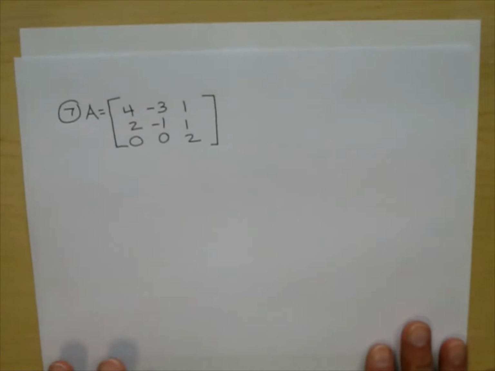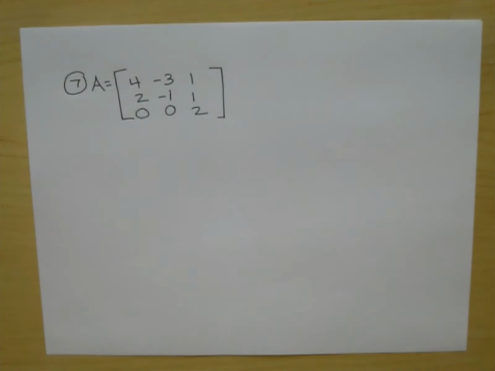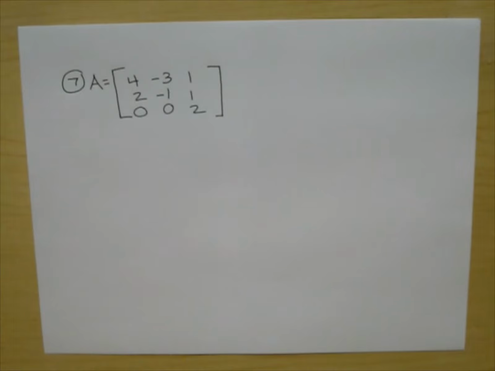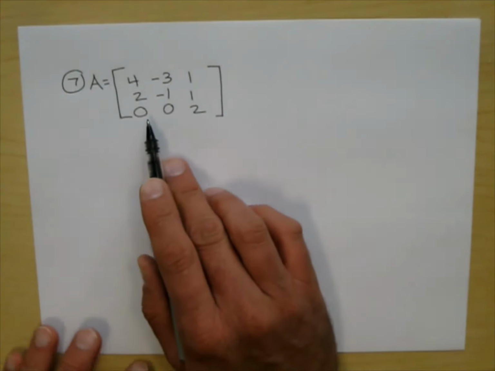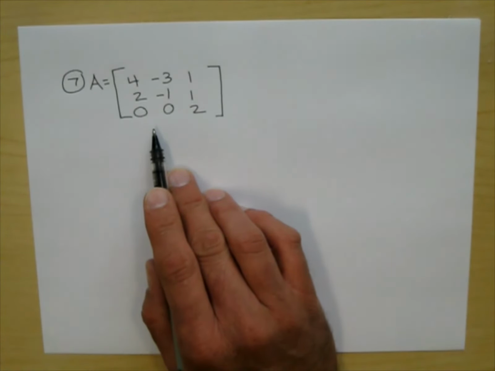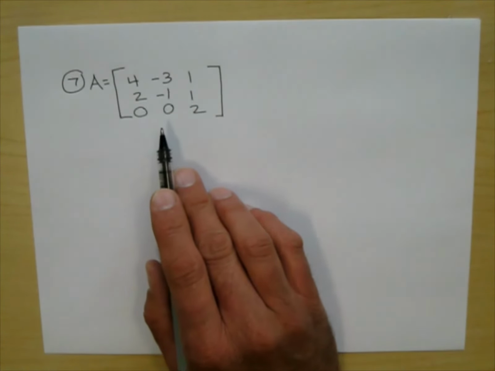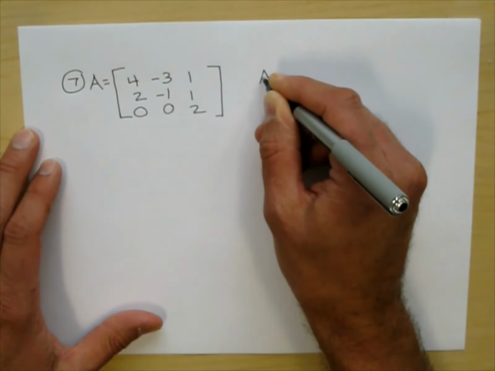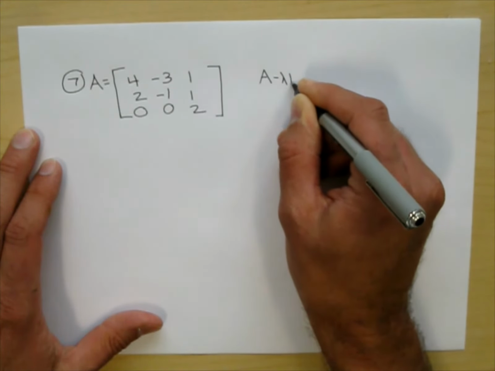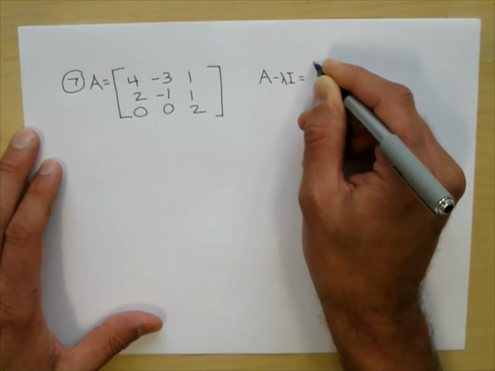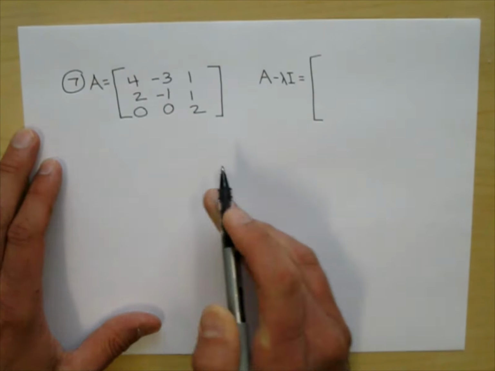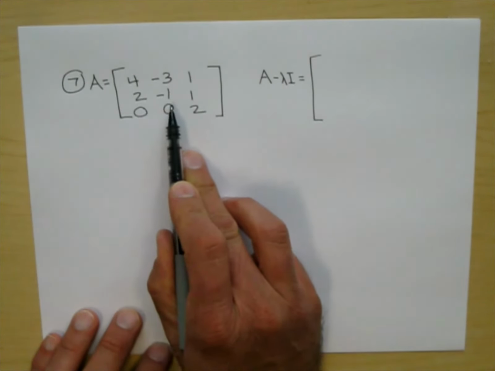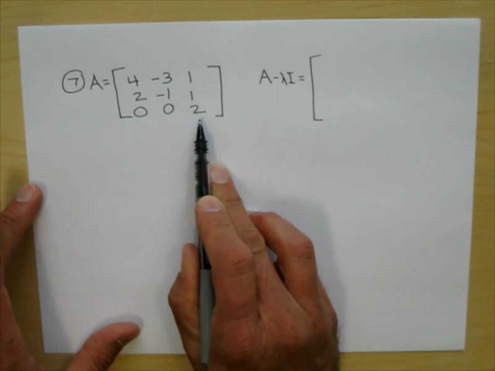Let's go ahead and do a 3x3 matrix. Problem number 7. We are to find all eigenvalue eigenvector pairs of this matrix right here. It's a 3x3 matrix, so let's get to work. I'm going to go ahead and write out the A minus lambda I matrix. Remember, it's really this matrix, except down the main diagonal, I go minus lambda.